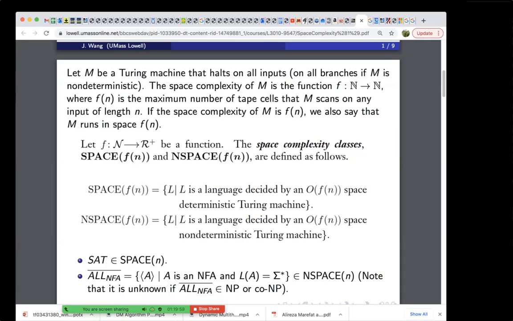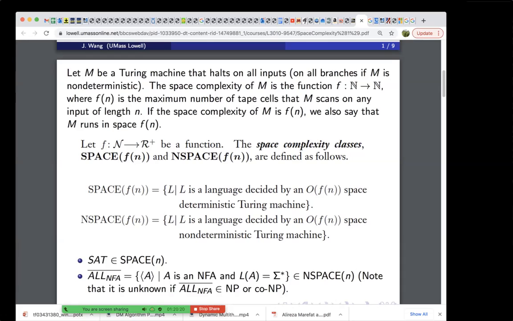Think about it: I have a Turing machine and I have a tape. The maximum number of cells ever used for this computation is the measure of space, and that is called the space complexity.